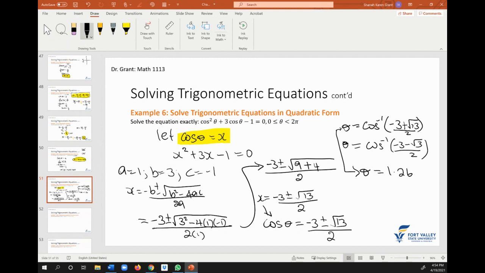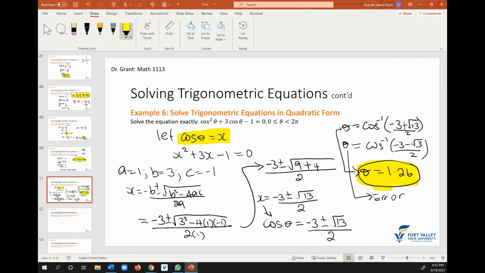Now for the second one, if you plug this in, you'll get an error, because this is not in the range that we're looking for. So this is not a solution. So this is your only solution. Theta is 1.26. Okay, this is the only solution from this problem here.